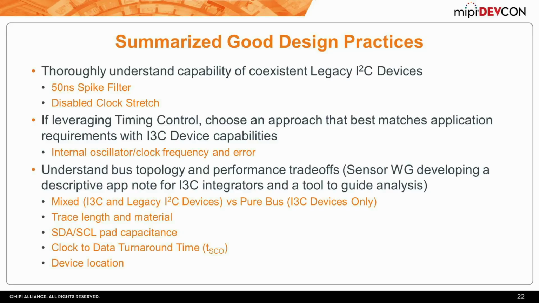A device's internal oscillator accuracy is going to impact how well that capability performs. And then lastly, understand bus topologies and all the impacts. This is very much physics bounded.